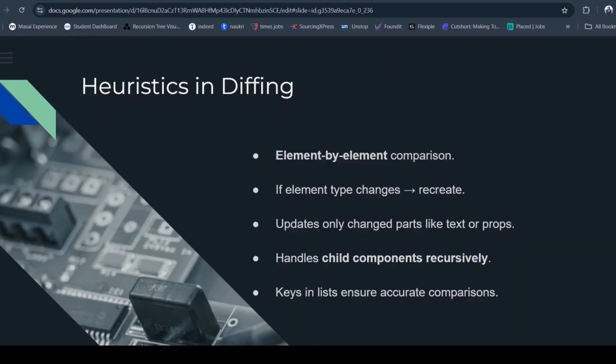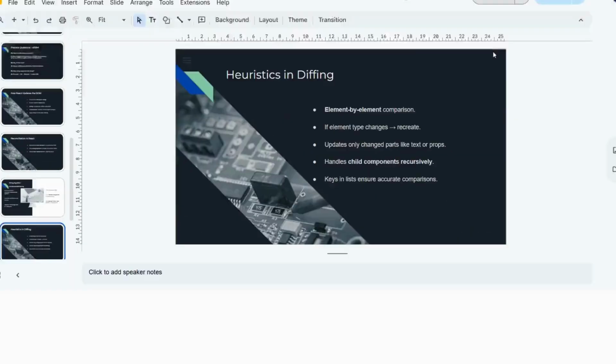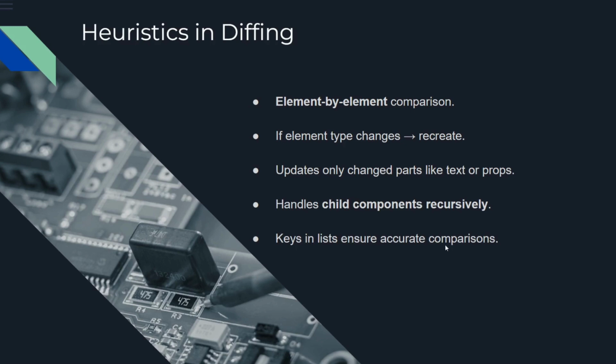So because of this, whenever we need to map out something, or we are making our code in some way so that a particular UI will show again and again, at that time we should give a key to each div so that we can ensure accurate comparison.